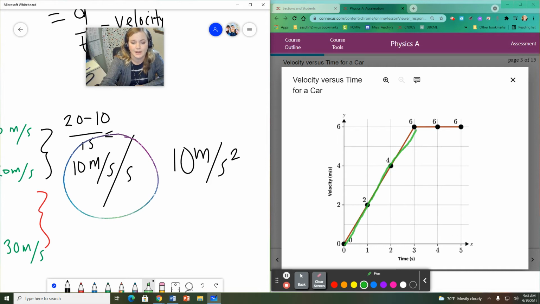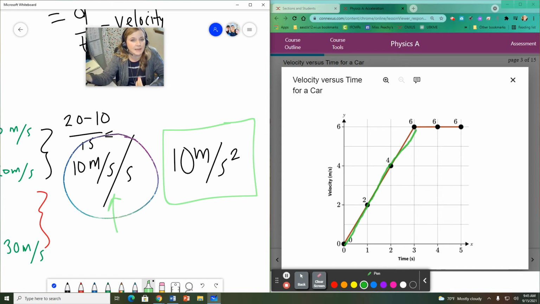We tend to write our acceleration as meters per second squared because it just makes it less messy rather than writing it this way. They are the same. Personally, I like 10 meters per second only because as teaching physics, I think it logically makes more sense. And you can really visualize here that a meters per second is going to be velocity and our seconds are going to be time.